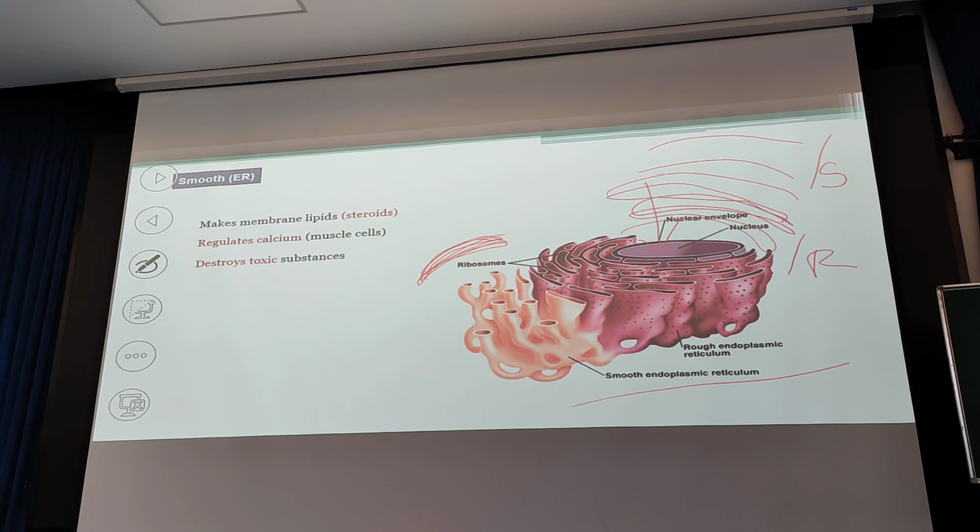So it has to export all toxic substances, and therefore the need for more smooth ER is necessary because it has to fulfill the role of destroying, like neutralizing toxins in the cell, because the macrophage works a lot and has to absorb toxins from the body, and then release toxins.